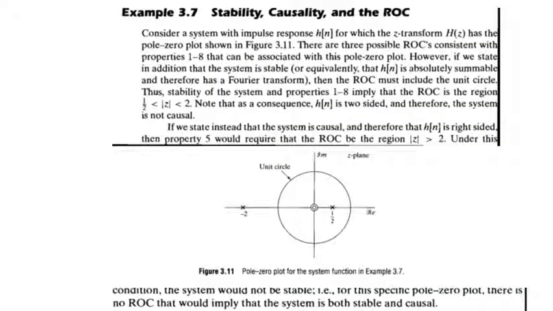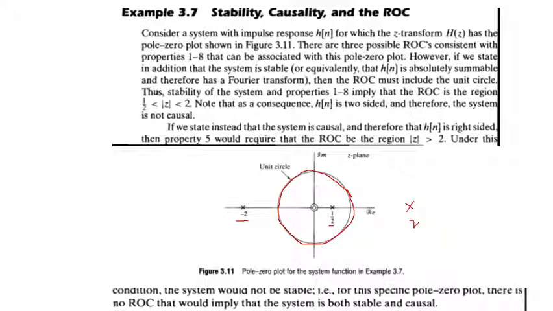In order to find the stability and causality from the ROC, the signal is said to be stable if the unit circle is included in the ROC. If we have a pole here and a pole here, what will the ROC be for the signal to be stable? For ease, I can draw 2 here.